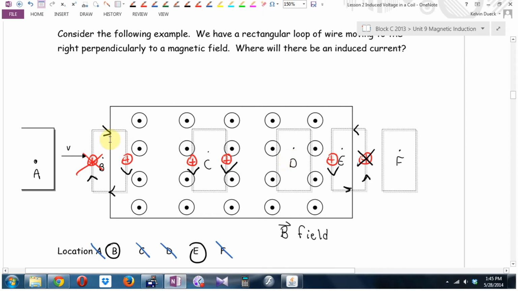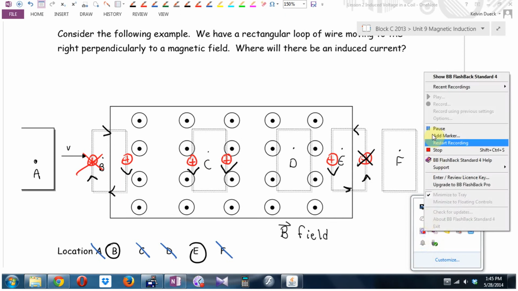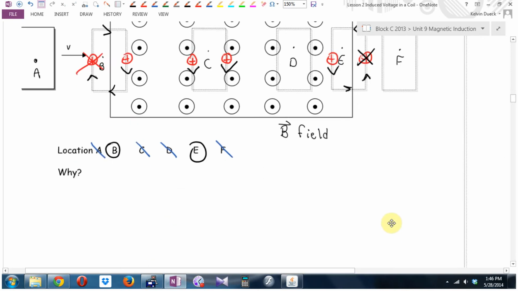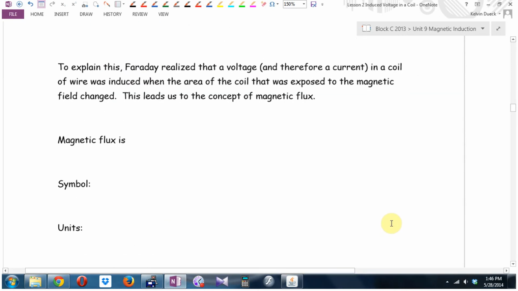He said, here, you have the area that's exposed to the magnetic field. Give me a second here. What's happening here is the amount of area is increasing. That's going to induce a current. And here, the amount of area through which the magnetic field is flowing is decreasing. That's going to induce a current. And this leads us to the concept of magnetic flux.